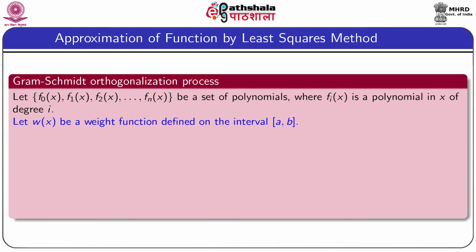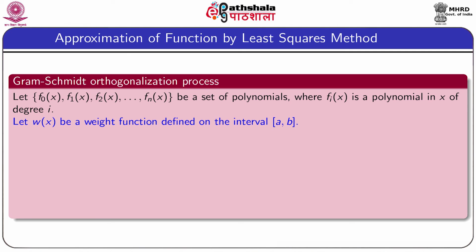Now, we consider one interesting method called the Gram-Schmidt orthogonalization process to construct a set of orthogonal polynomials. In linear algebra, we have shown that the Gram-Schmidt process is applied to convert a set of independent vectors to a set of orthonormal vectors.